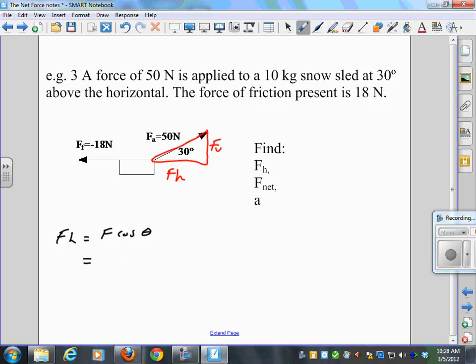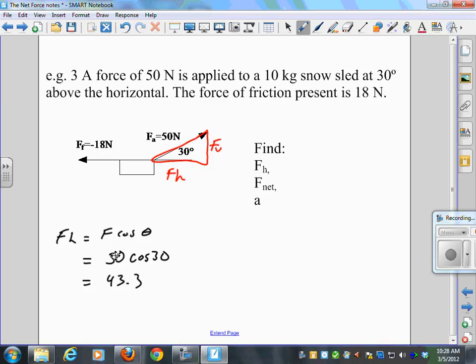So this is going to be 50 cos 30, which is 43.3. So only 43.3 newtons is actually pulling it sideways.